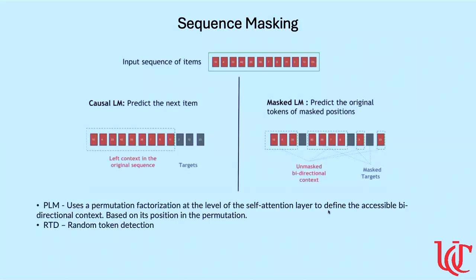What we are going to do is mask the last 3 products which the customer interacted with. We are not going to show the model which were the last 3 products. We take the first 7, or first 6, products which the customer interacted with, feed them to the transformer block, and then tell the transformer block to predict what the next items will be.